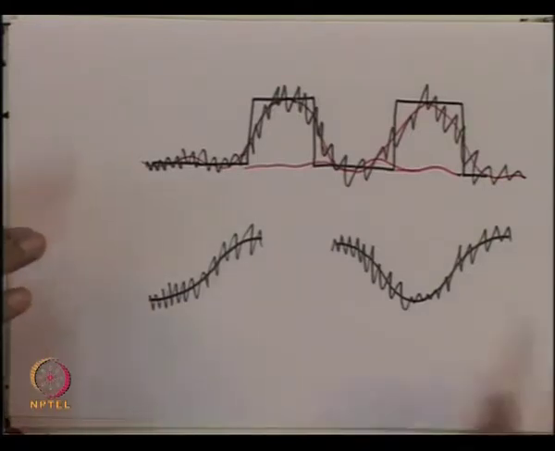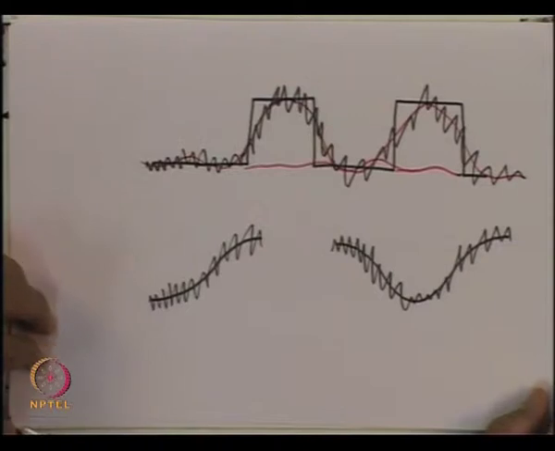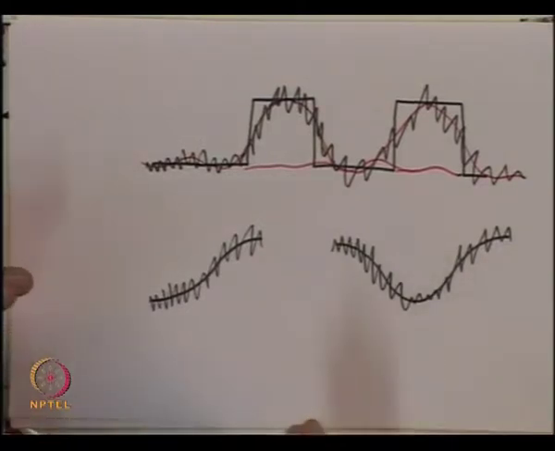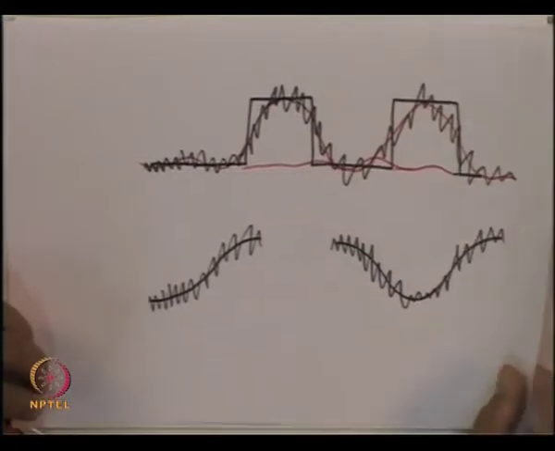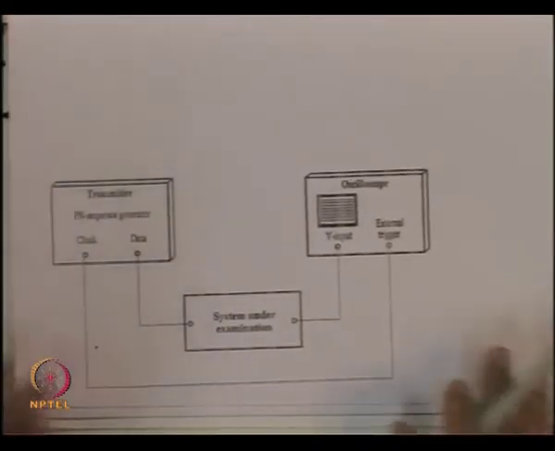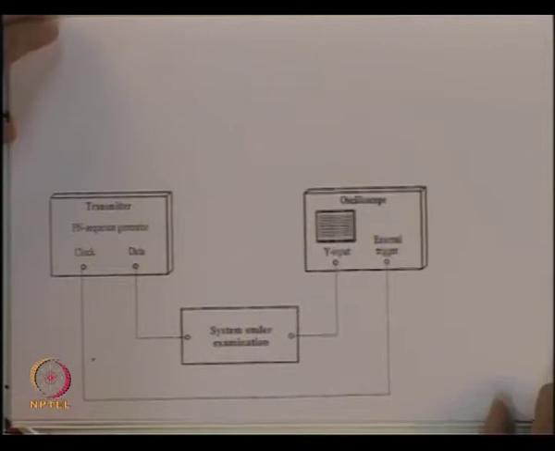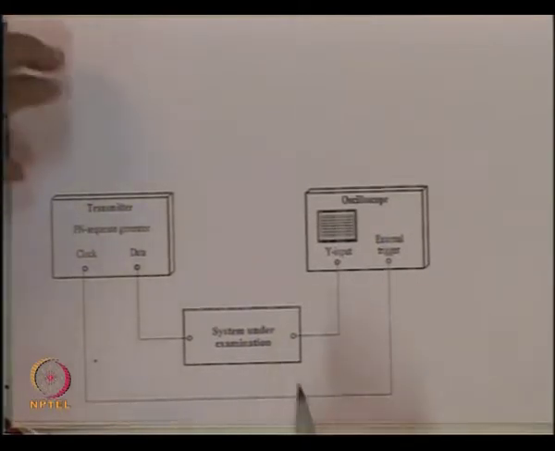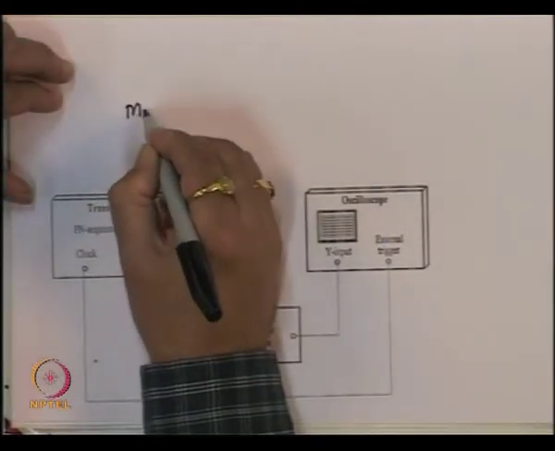So, now to measure the quality of the data, we use a technique called the eye diagram of the data. And here the idea is as follows: we have a simple setup. This is the measurement setup for what is called the eye diagram.